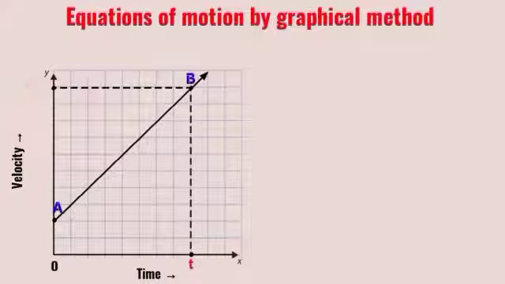The coordinate of B on y-axis is velocity, that is final velocity v. The initial velocity of the object at point A is u and v is the final velocity of the object at point B. Now draw AD parallel to x-axis. With all these arrangements, let us start the derivation of the first equation.